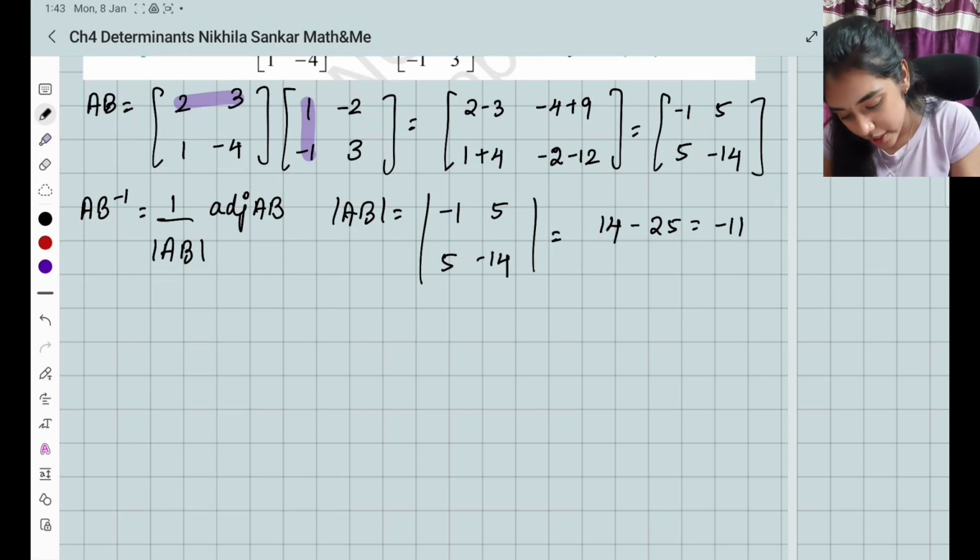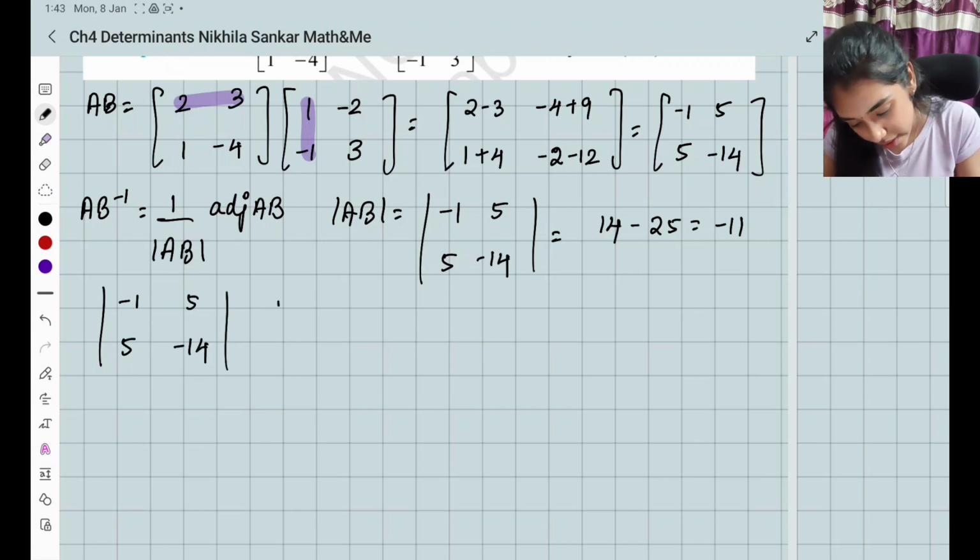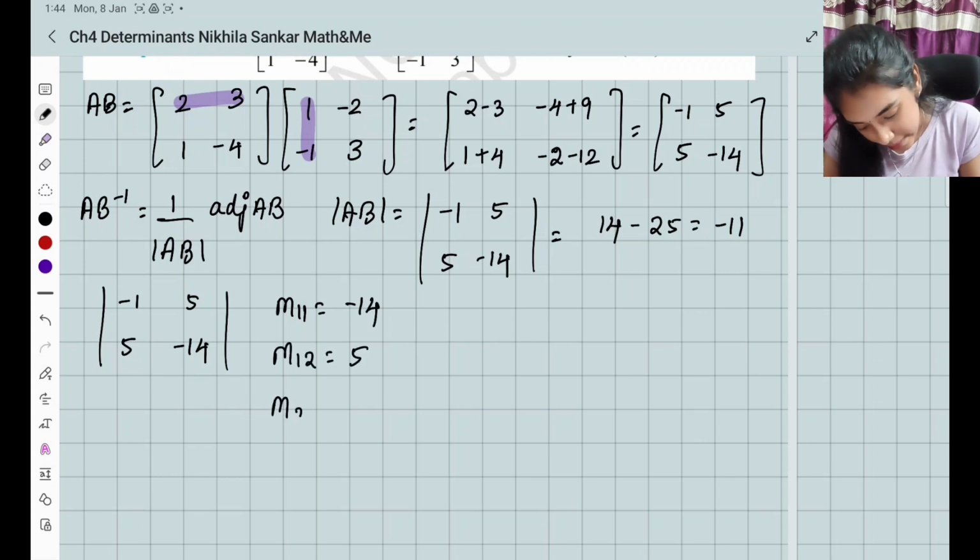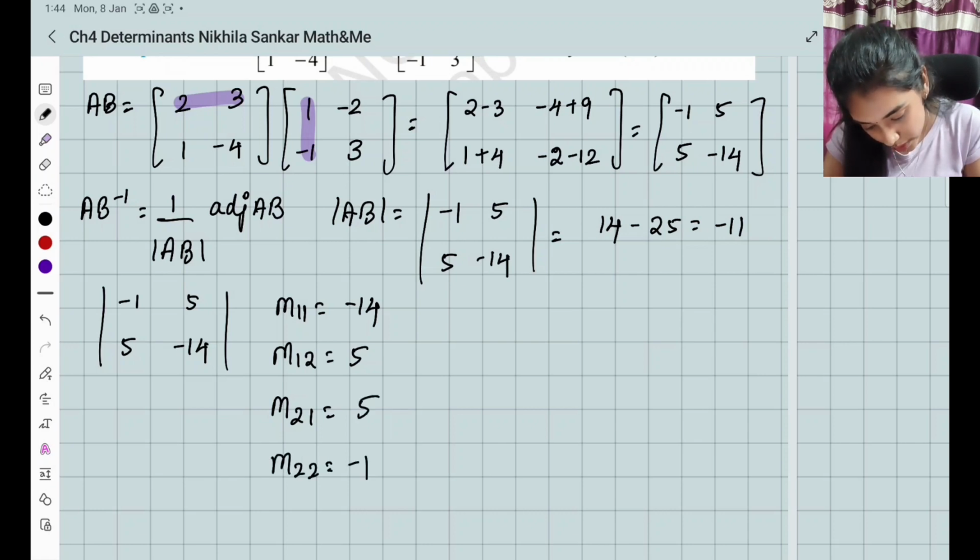Okay, so now what am I going to do for the adjoint? Let me write the matrix: minus 1 5, 5 minus 14. So I have M11 equals minus 14, M12 equals 5, M21, I can hide this, and I'm going to have 5 again, then M22 equals minus 1.